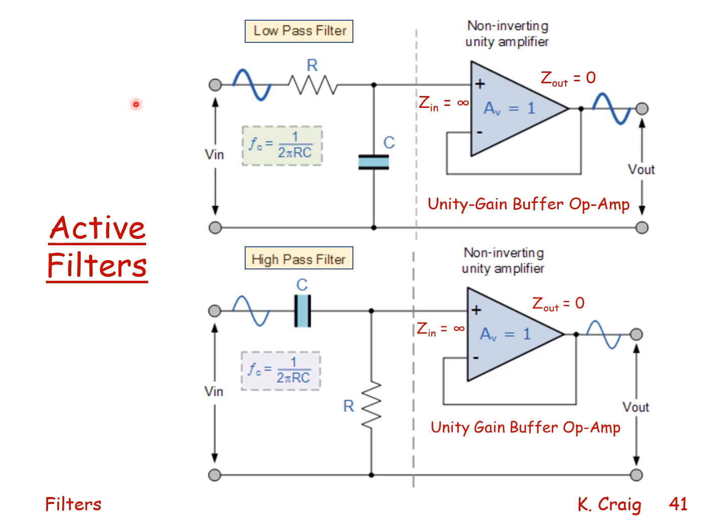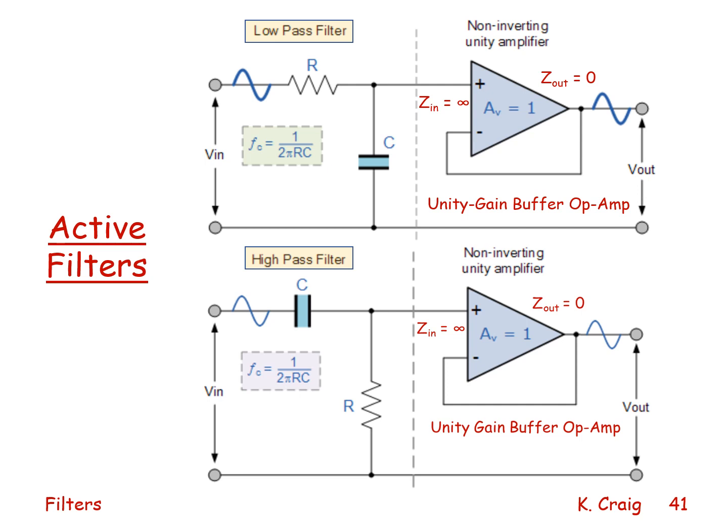Active filters. We have already created two active filters, one for our low pass filter, one for our high pass filter, to prevent any loading, where we have inserted a unity gain buffer op amp in both places with infinite input impedance, ideally, zero output impedance, ideally, no amplification.